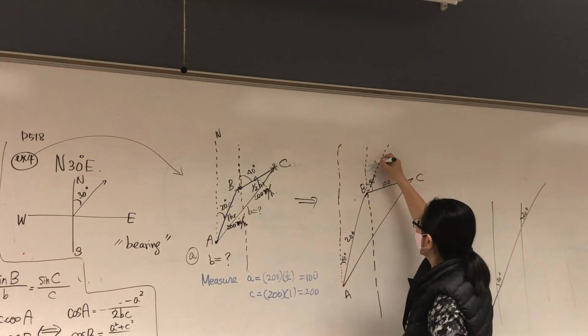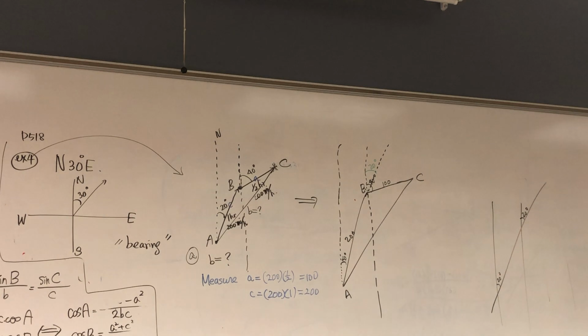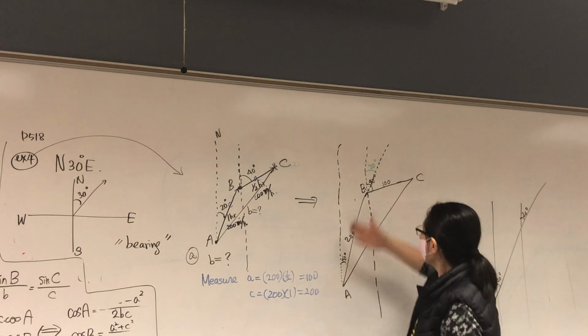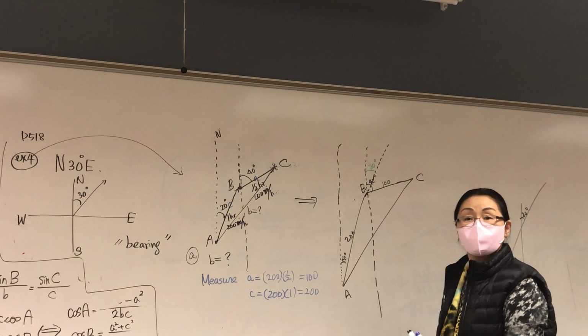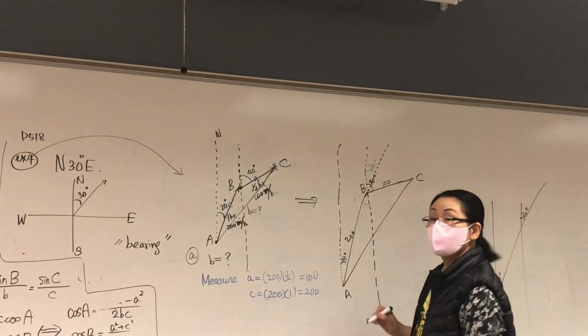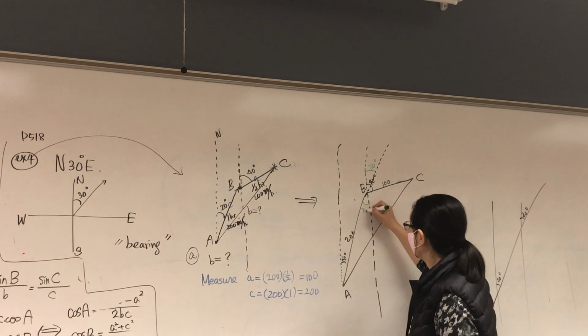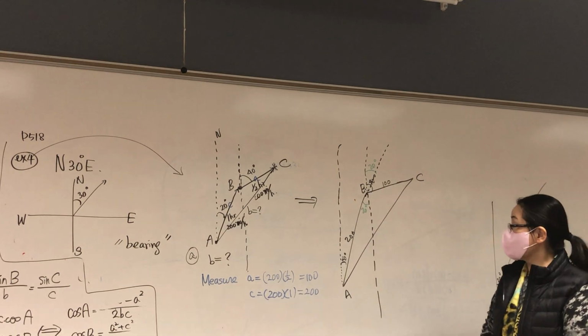This is 20, am I right? Yeah. It's good? Can you see? Is it helpful? See here, and then this line and this line. What is this? 20. Good. Right?